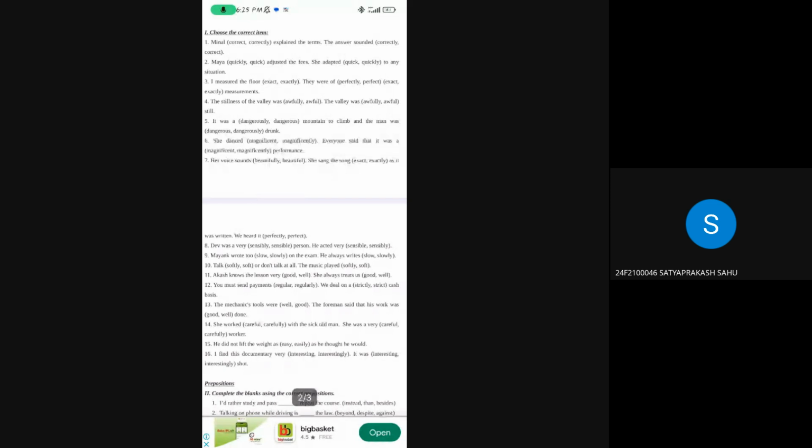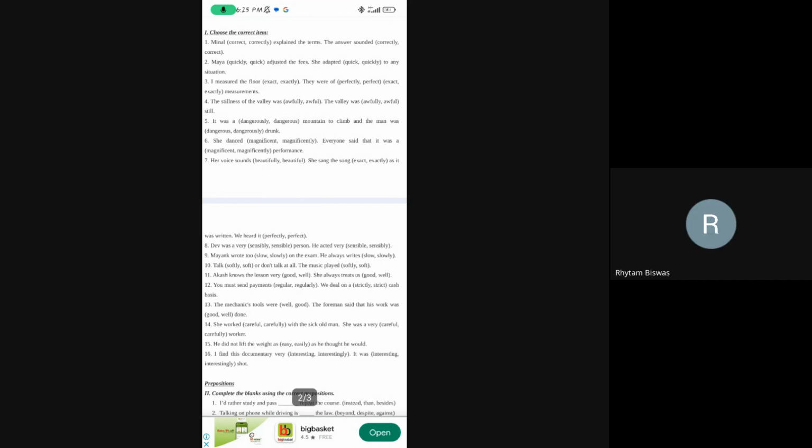If you're commenting the answer, I'm sorry, I'm not looking at the chat box because if I move away from the screen, then your access to the screen would be lost. Is it 'she adapted quick to any situation' or 'she adapted quickly'? Quickly, right?